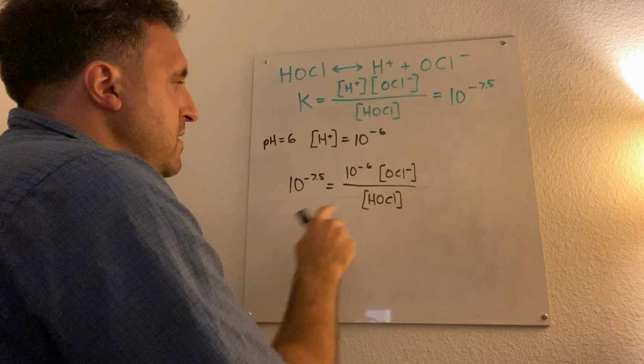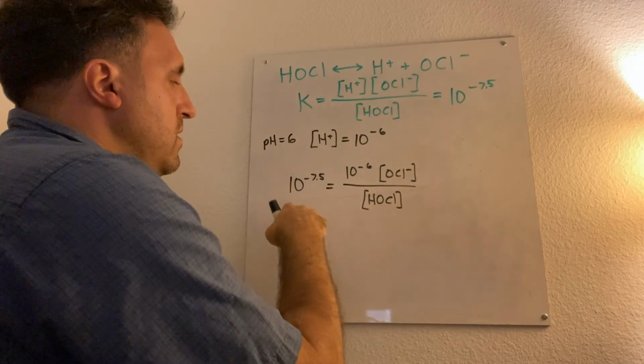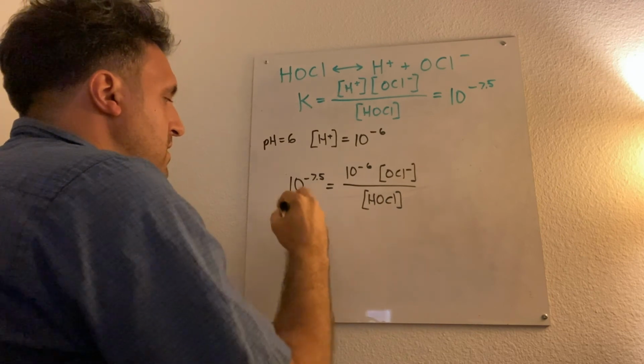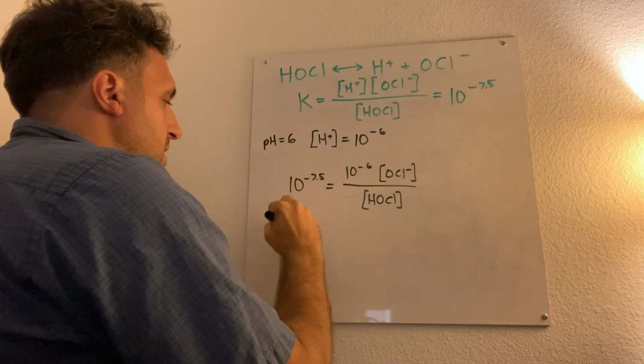Rearranging this equation to solve for HOCl divided by OCl-, we get the following.